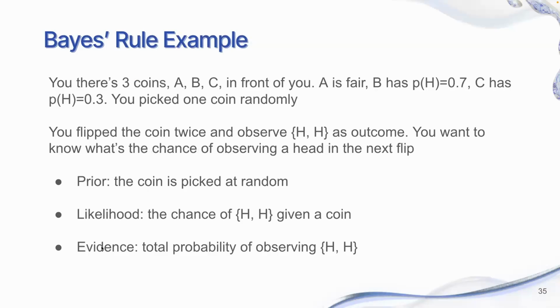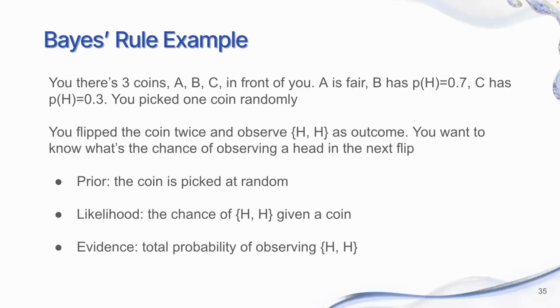Let's say you have 3 coins, A, B, and C. Coin A is fair, so 50% lands on heads and 50% lands on tails, right? Coin B is biased. It has a 70% chance of landing on heads and a 30% chance of landing on tails. And coin C is the opposite of that, so it's less likely to land on heads than tails, right? Then you pick a coin randomly.